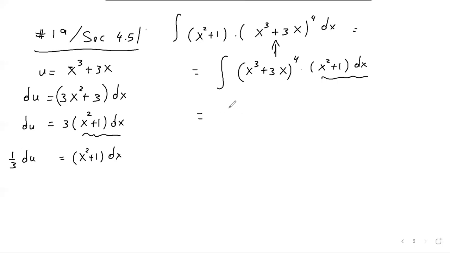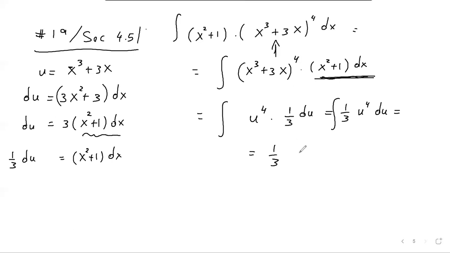So this is going to be equal to the antiderivative of u to the 4 times, and over here, instead of x squared plus 1 dx, we're going to put 1/3 du. And that's going to be equal to 1/3 the antiderivative of u to the 4 du, which is, I just moved things around here, 1/3 times u to the 5th times 1/5.